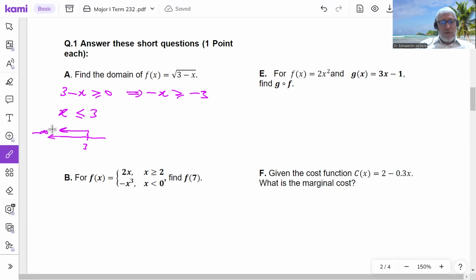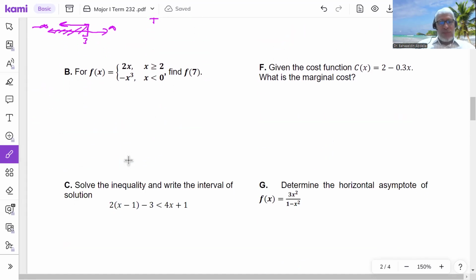The number line goes to negative infinity from the left, infinity from the right. So this would be the domain. So the domain of f is the interval from negative infinity to 3 closed, because x is less than or equal to 3.